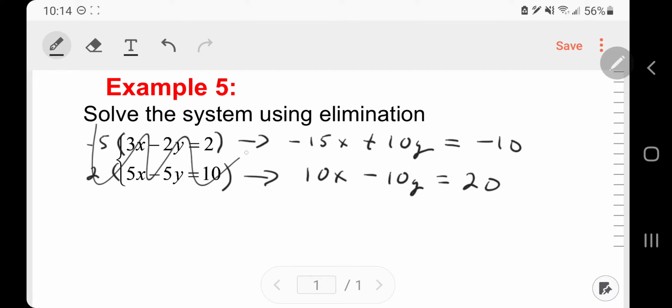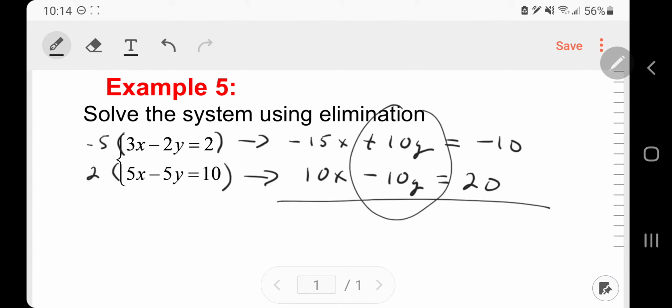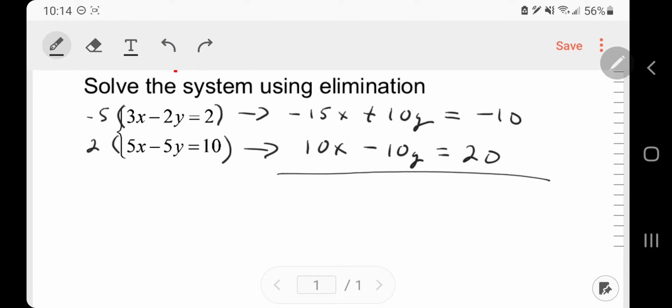So we're pretty much done with these equations over here, and these two new ones are the ones that we are going to use to solve. And you'll notice we now have the same number and the opposite sign, our number opposites for our y, which is going to be our elimination.